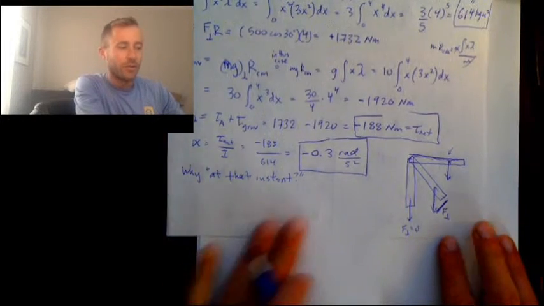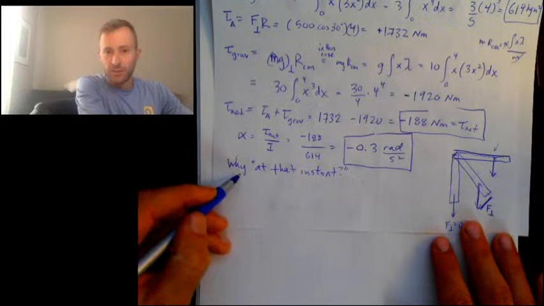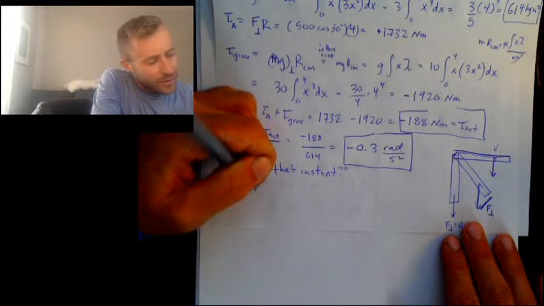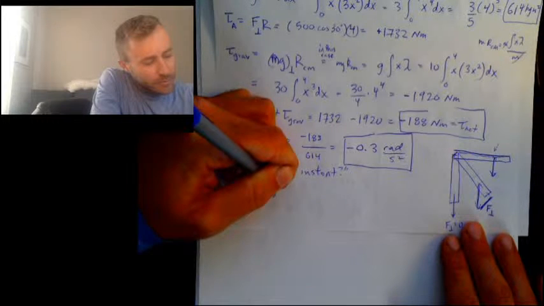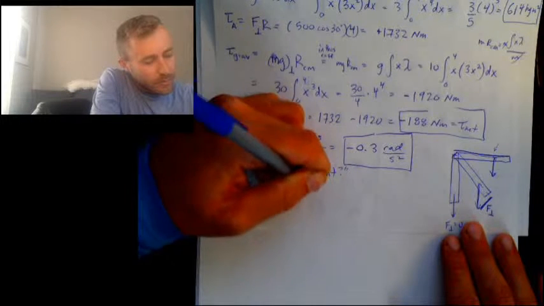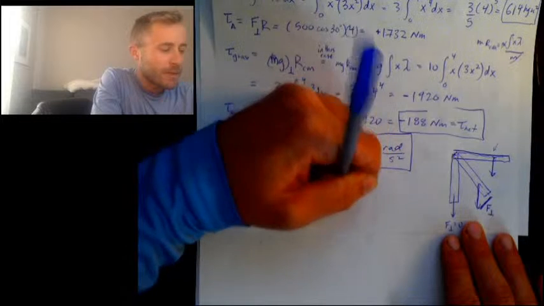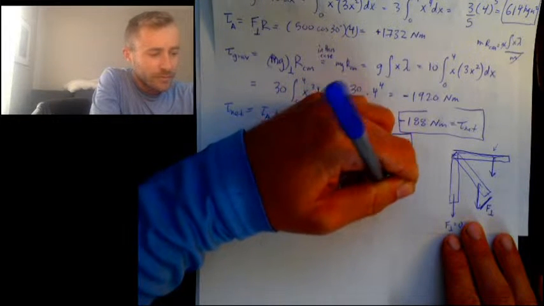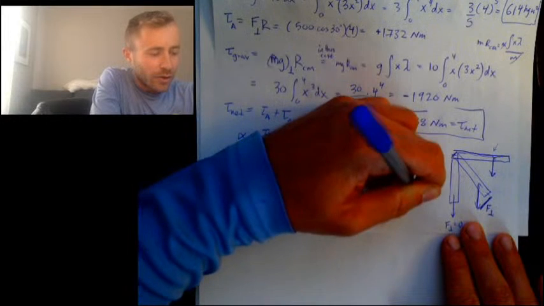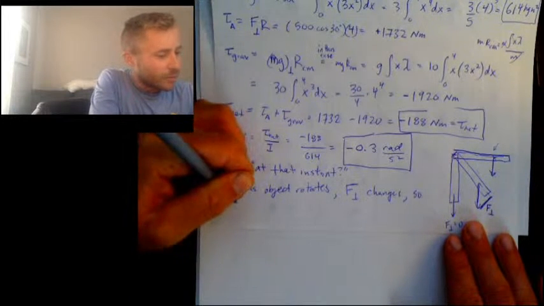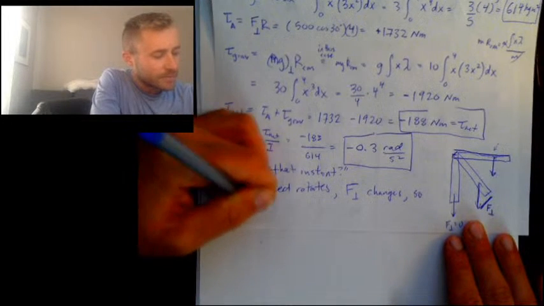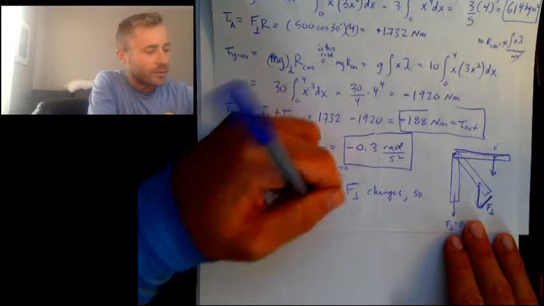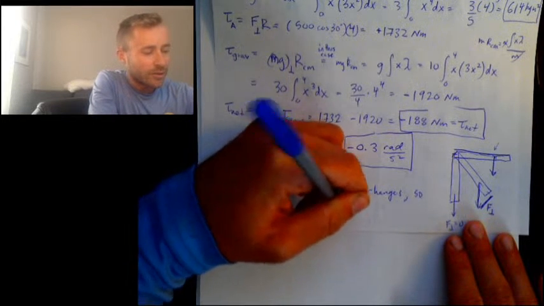Okay? So the reason why I say at that instant is because as the object rotates, F perp changes. So torque is not constant, which means that the angular acceleration is not constant.